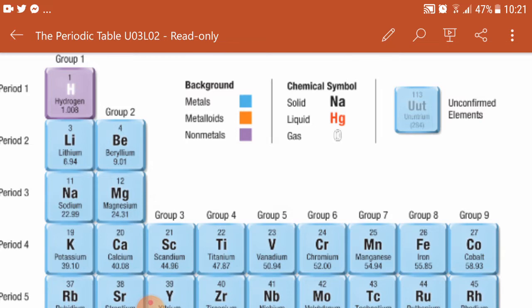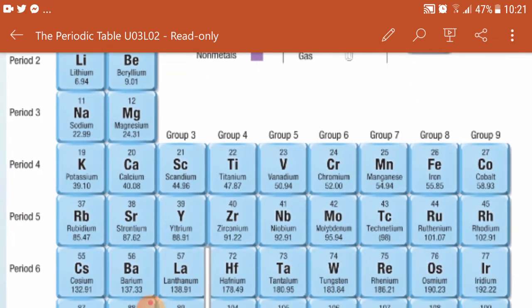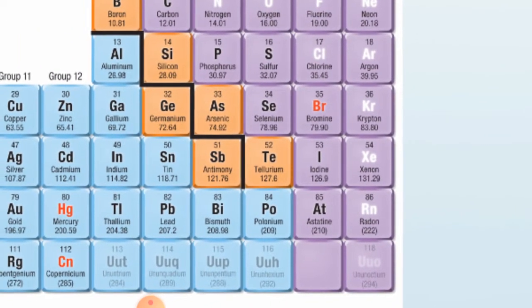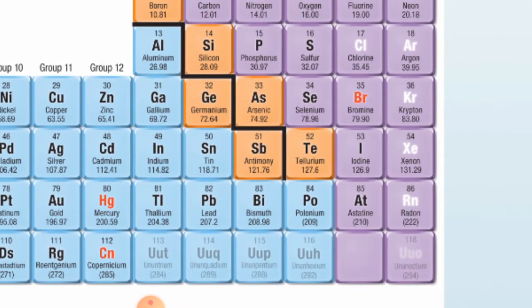Now, what about the density? To the left, as you see, we have solids. To the right, we have gases. And the mass is increasing from left to right.